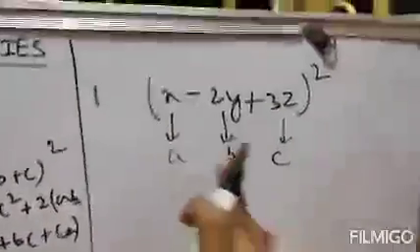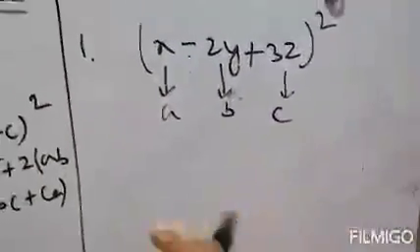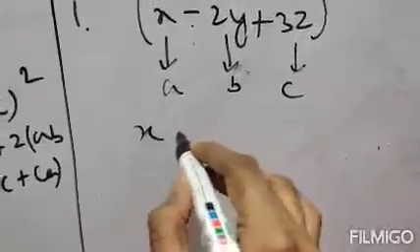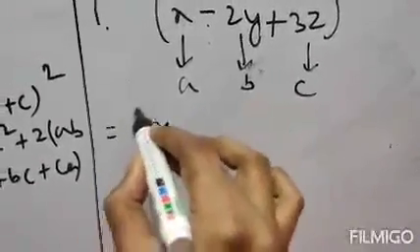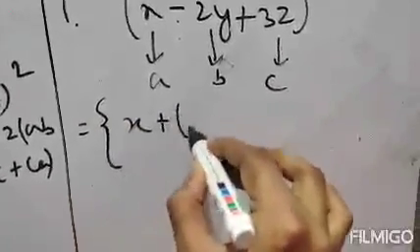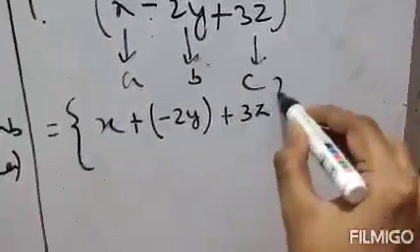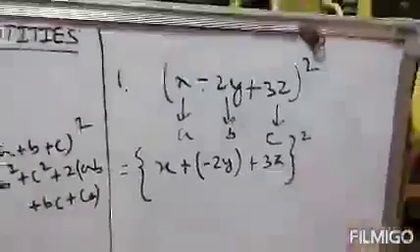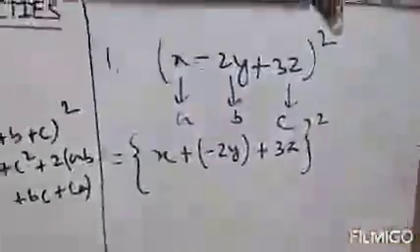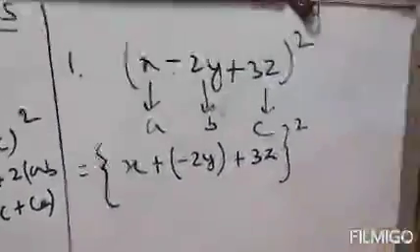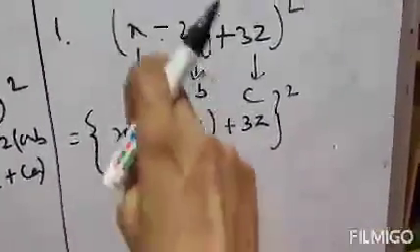Only then you can do the sums using the formula. Clear? So if this is a, this is b and this is c, you can write this like (x plus minus 2y plus 3z) whole square. Because if you do like this, then plus and minus gets minus.